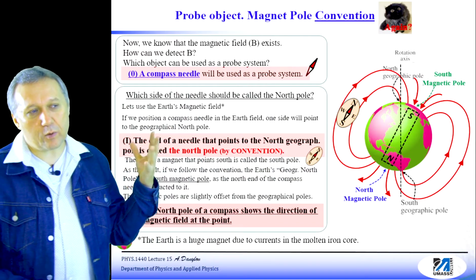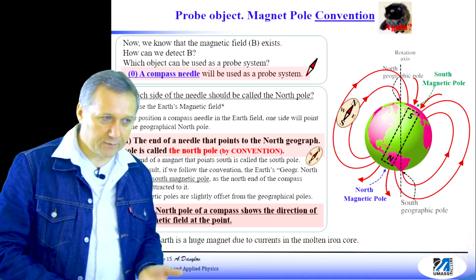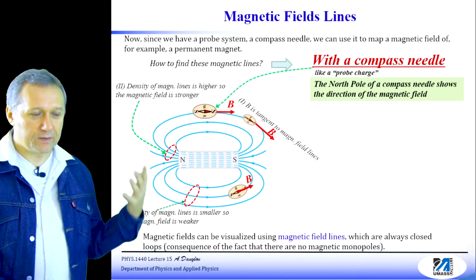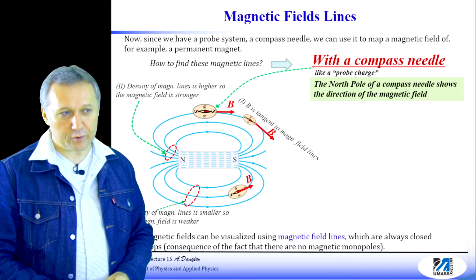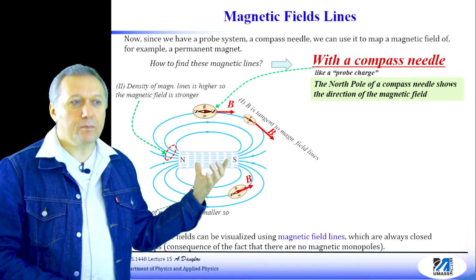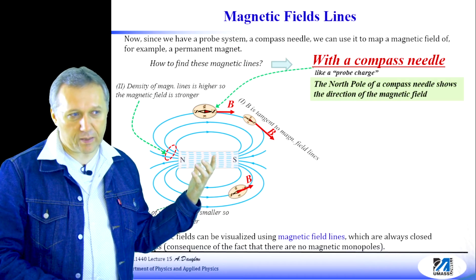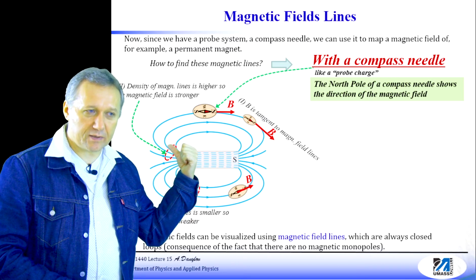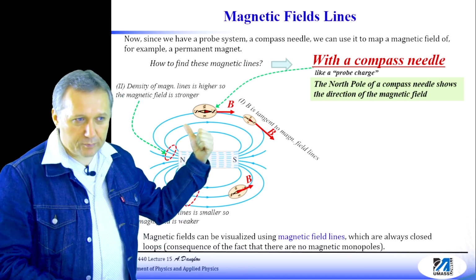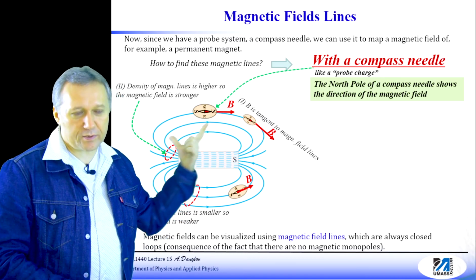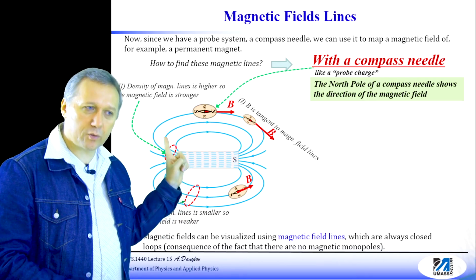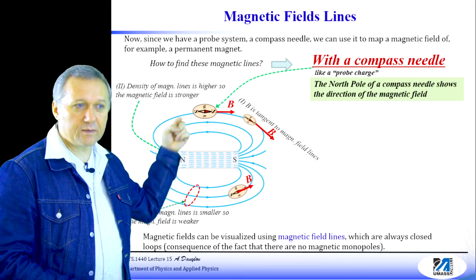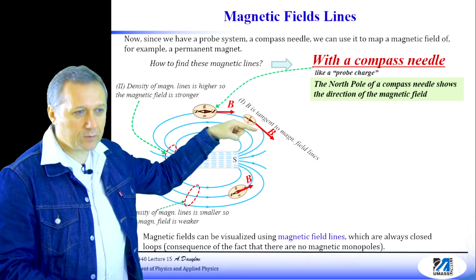Now, how can we draw those magnetic field lines? The idea is very similar to what we discussed in the world of electricity. First, you map the magnetic field. How can you map it? You take your compass needle, position it, for example, at that point. The north side of the compass needle gives you the direction of the magnetic field, so draw a magnetic field vector. Then the next magnetic field vector, then the next one, and so on.